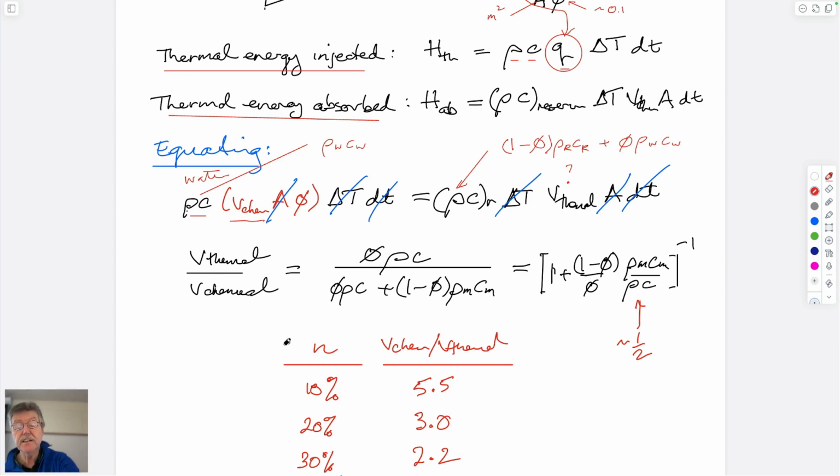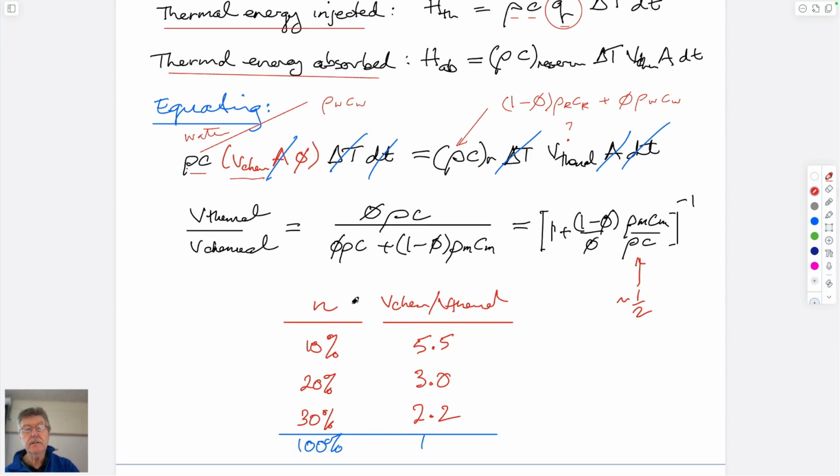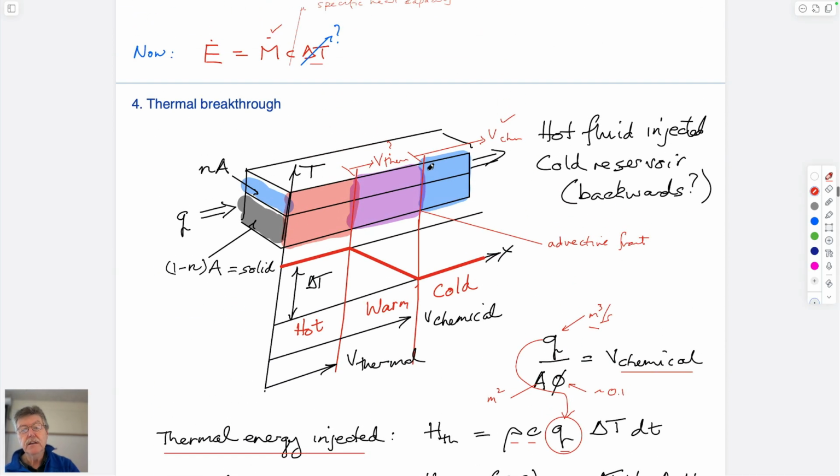And so the punchline is, I suppose, that if you look at the converse of this ratio, the reciprocal of it, the ratio of the chemical velocity to the thermal velocity means that for 10% porosity, if the chemical front is 5 meters ahead in here, the thermal front is only at 1 meter.